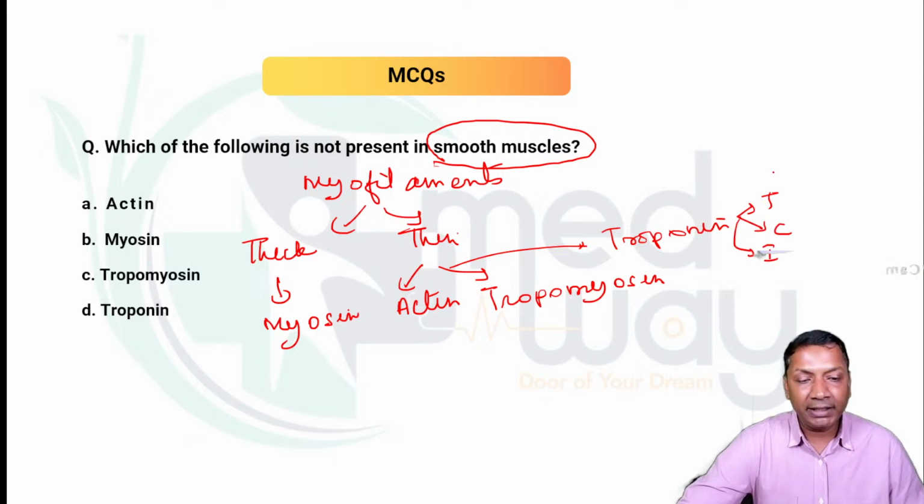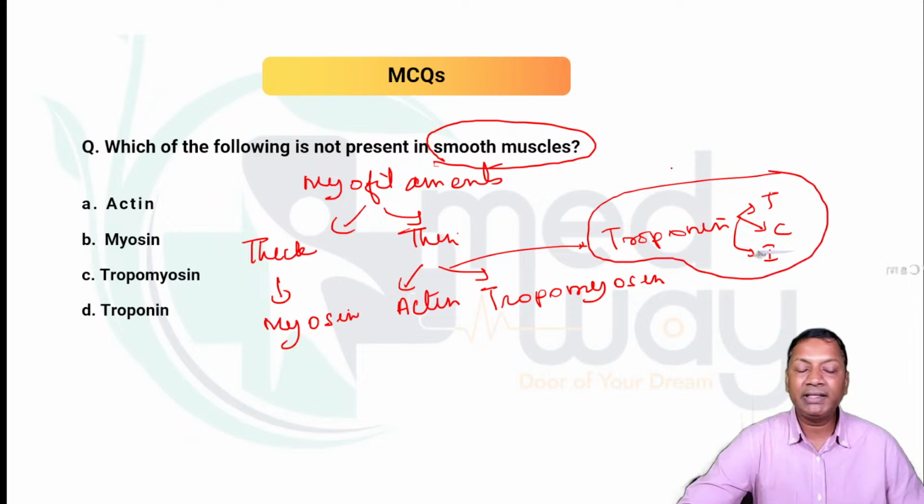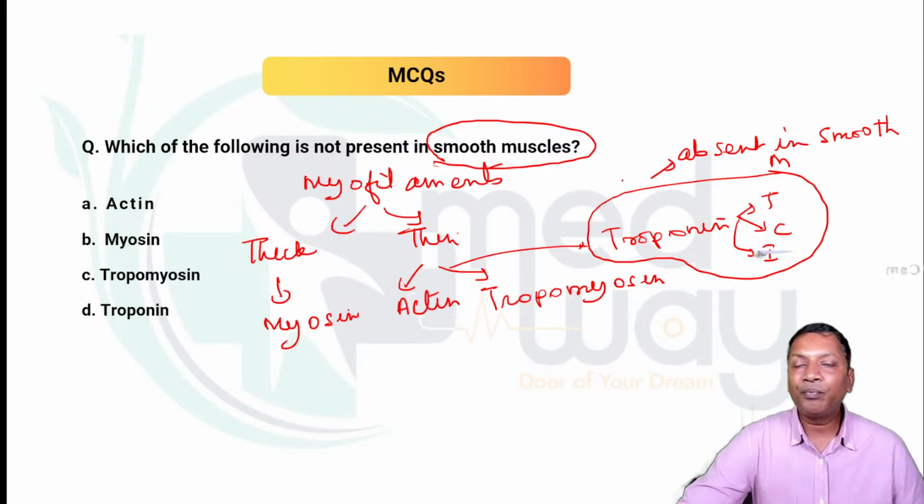Remember that troponin T, C, and I are present in the skeletal muscle and in the cardiac muscle, but they are absent in the smooth muscle. Then where will the calcium bind in the smooth muscle?